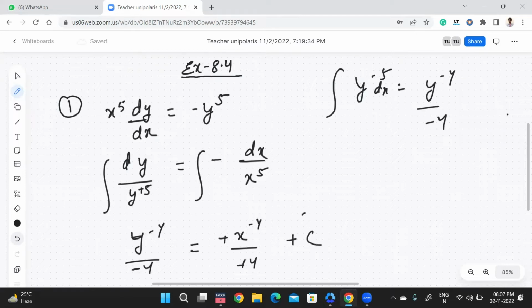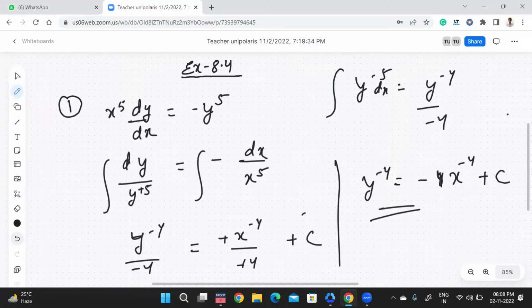So the minus 4 cancels out and we get y to the power minus 4 equals minus x raised to the power minus 4 plus 4c, but that's also a constant, so we'll write just c. So the answer is y to the power minus 4 plus x to the power minus 4 equals c.